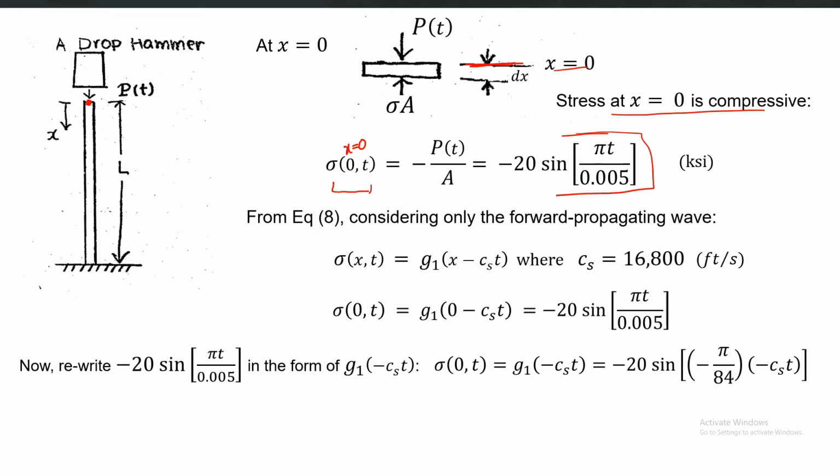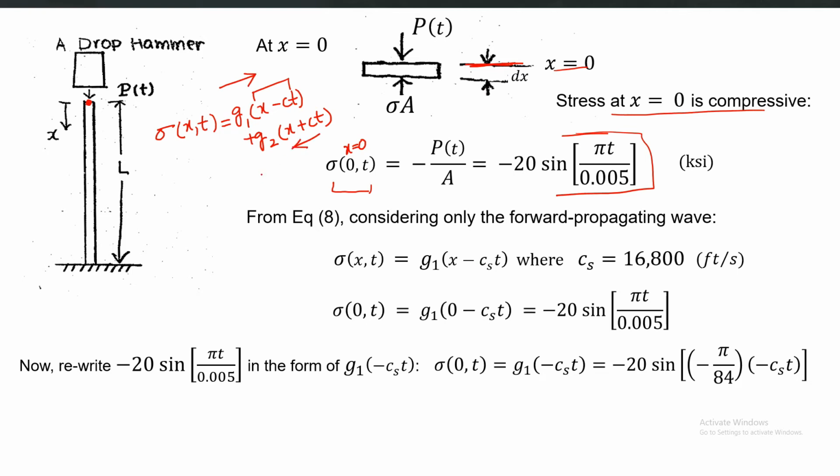Now from equation 8, which is the equation for the stress, considering only the forward propagating wave, because we know already that the general solution for sigma x comma t is some function g1 of x minus ct, plus another g2 of x plus ct. And we know that the x minus ct function is moving towards the right hand side, x plus ct will be moving towards the left hand side.